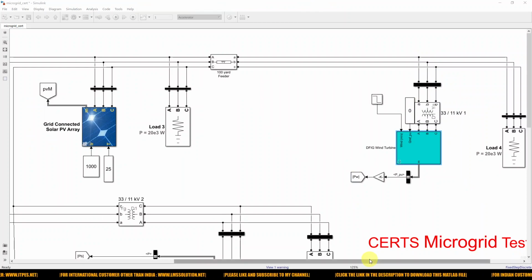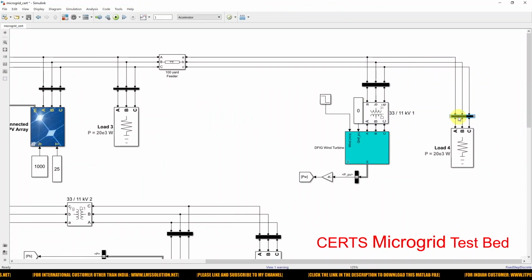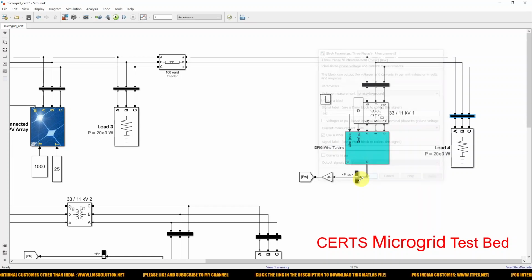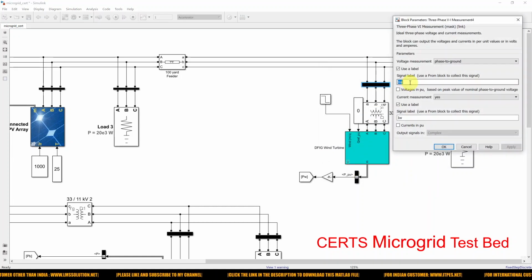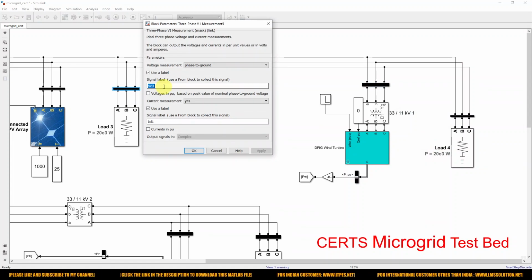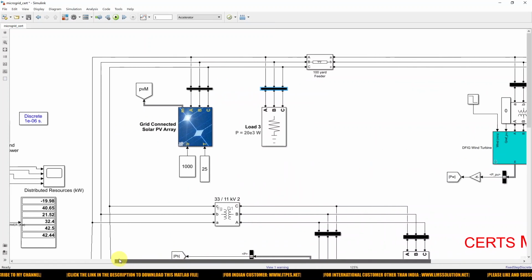So next you can see that here we are going to measure the voltage and current of this load, VCL, ICL. Here we are going to measure the wind turbine voltage and current. Here we are going to measure the voltage and current of this load, VCL1, ICL1.